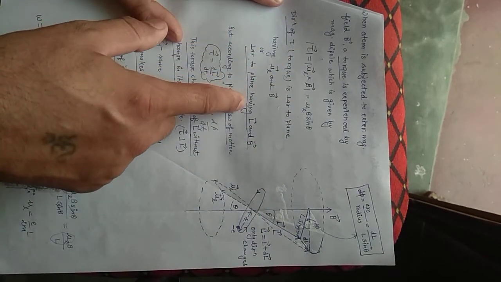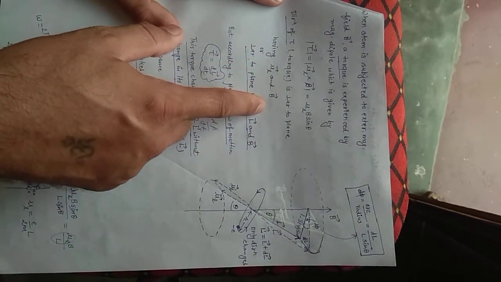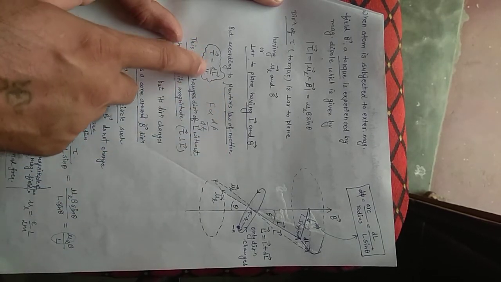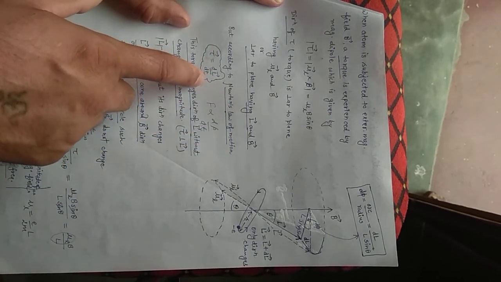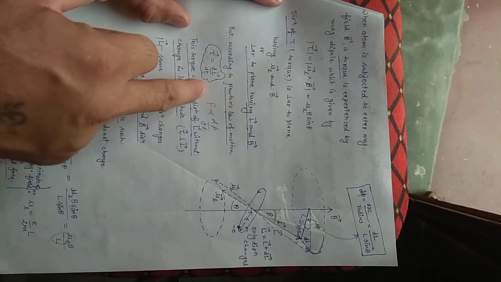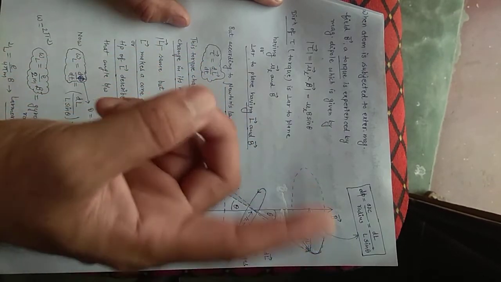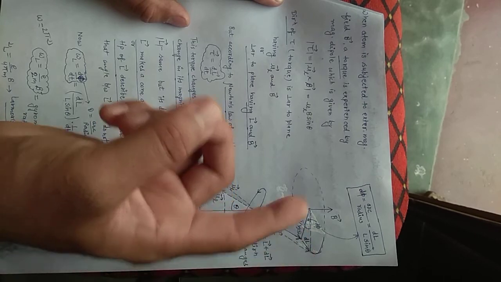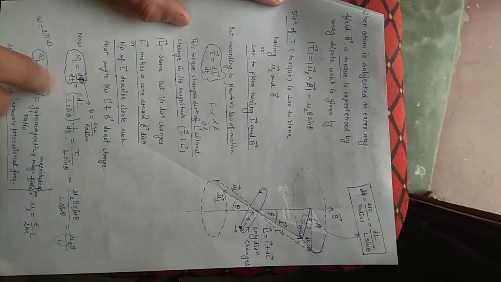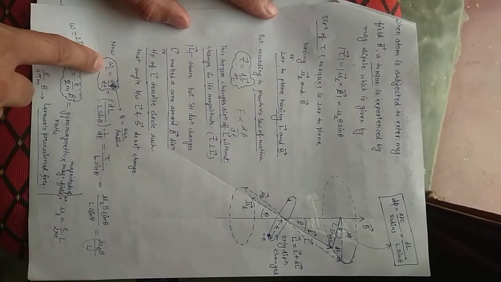It will be perpendicular to the plane having vectors L and B. But according to Newton's second law, torque is equal to rate of change of angular momentum with respect to time. So if you compare these two formulas, then you can find the value of frequency of precession, and make use of the formula for omega L.